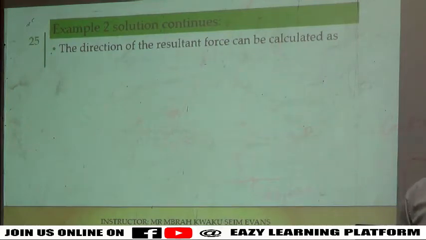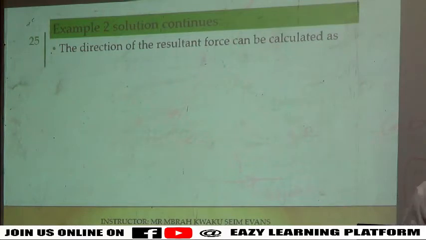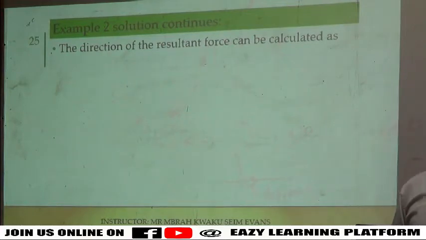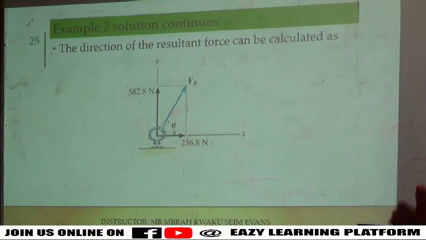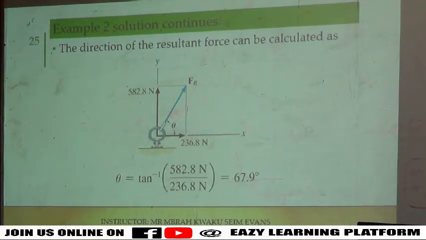Earlier on, I explained that if you have sigma Fx and sigma Fy, you try and plot it on the X and Y axis. Now when you do that, you have it this way, and you find the tan theta of sigma Fy over sigma Fx.